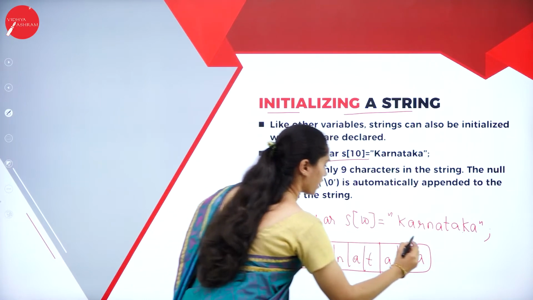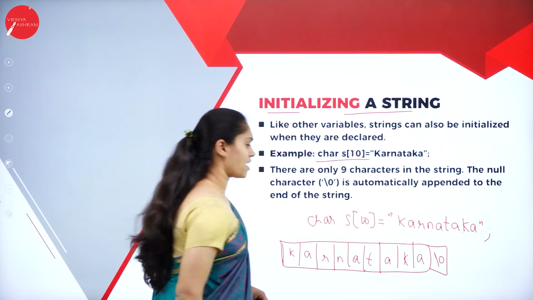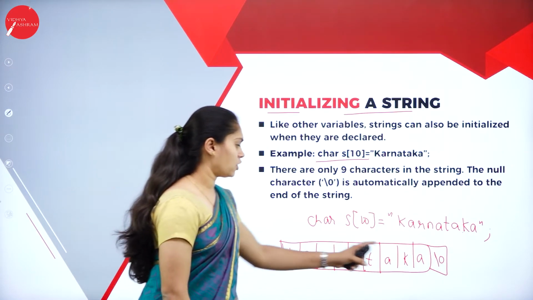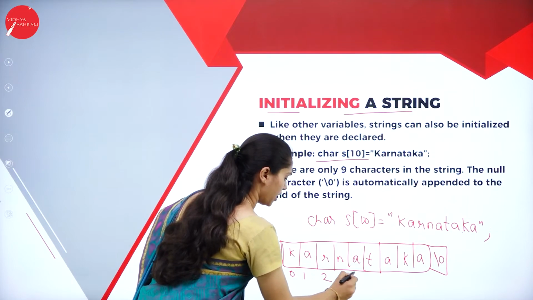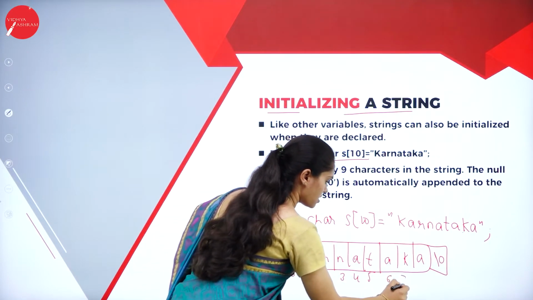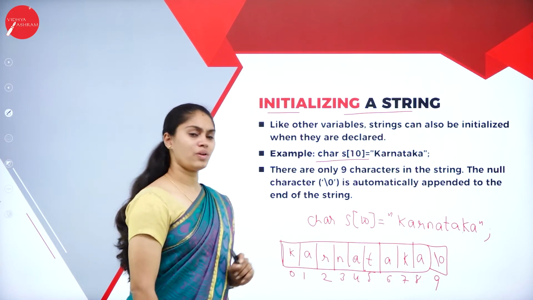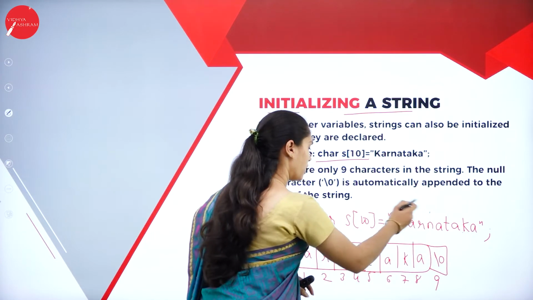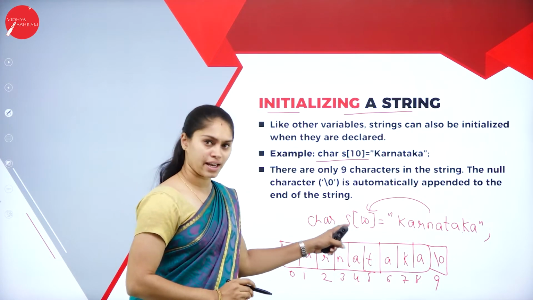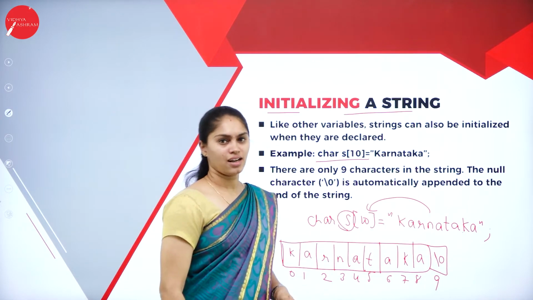Since I have taken a size of 10, at the end it will include \0 that indicates the end of a string, and the array index starts with 0, 1, 2, 3, 4, 5, 6, 7, 8 and 9. This is how we do the initialization. Whatever value I have on the right side will be stored in the array called s. So the value of s is Karnataka right now.